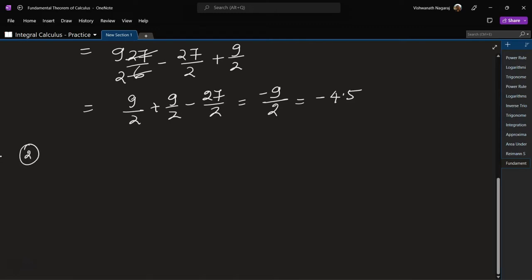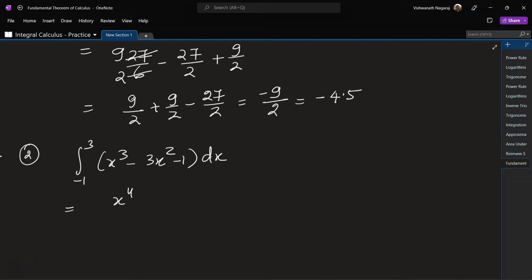Okay, let's look at the second problem. Integral from minus 1 to 3 of x cube minus 3x square minus 1 dx. That is x to the power of 4 by 4 minus 3x cube by 3 minus x. 3 and 3 cancel. So this is between minus 1 and 3.